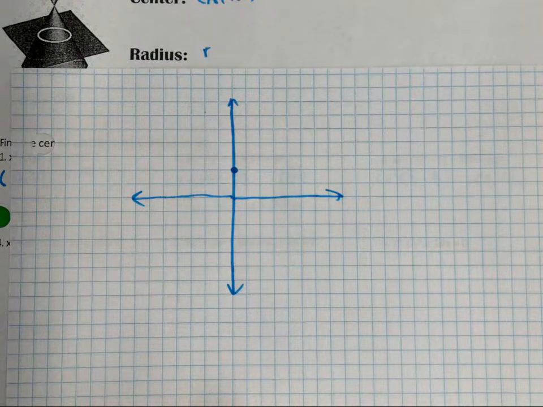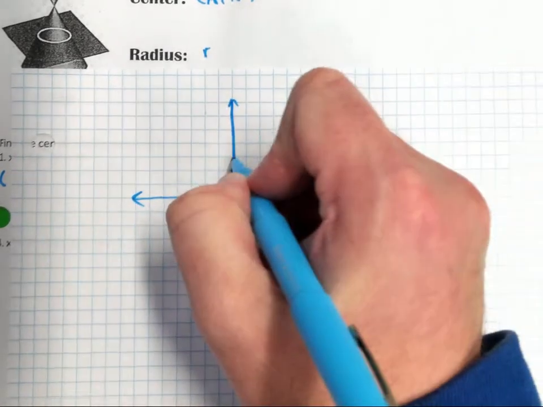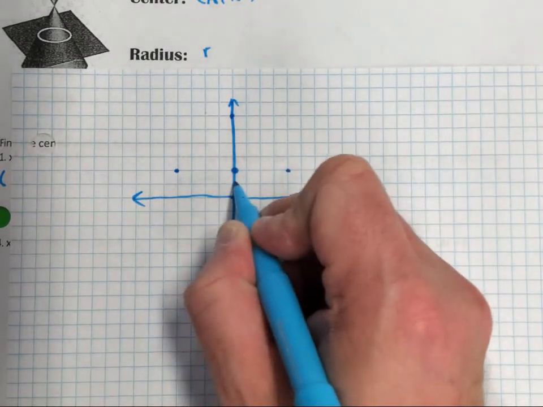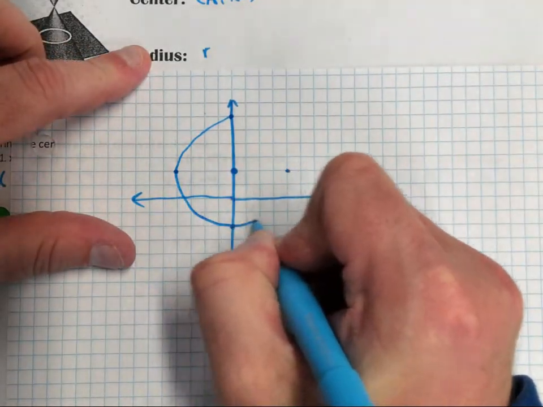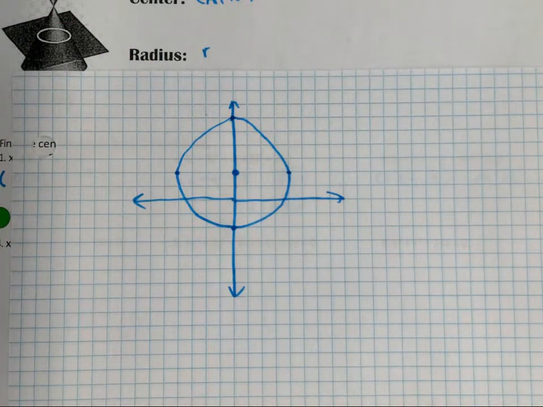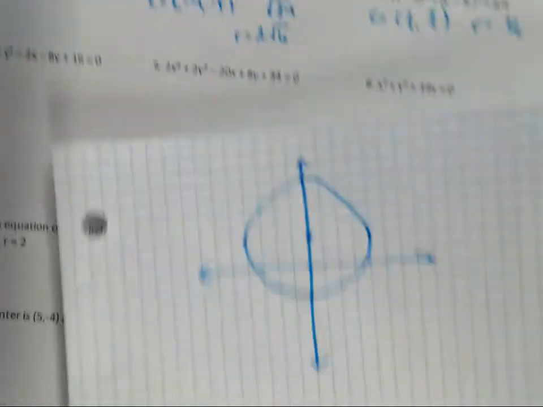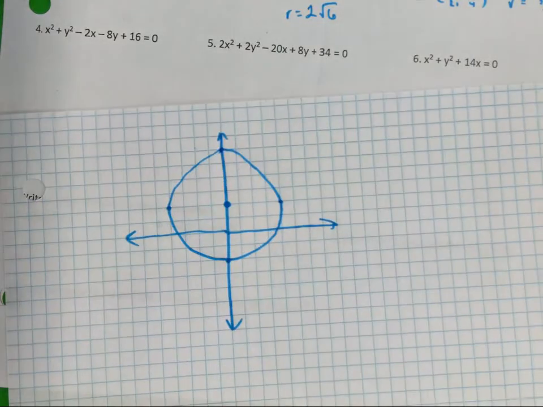What do you think we would do with that? Go 4 in each direction: north, south, east, west. We're going to draw a circle the best we can, okay? And that would be my graph. Do y'all see how to graph a circle? Don't judge my drawing, Jack. I know. Yeah, that right there is a little rough.